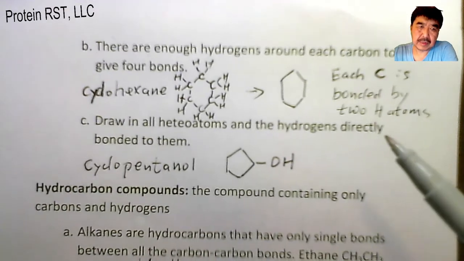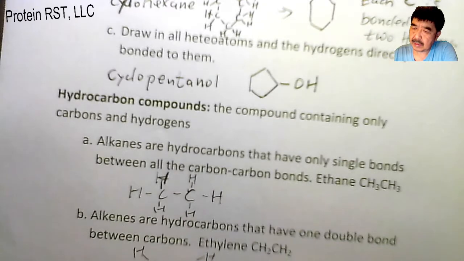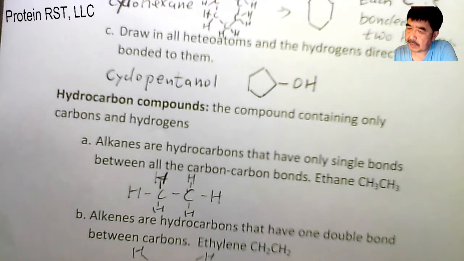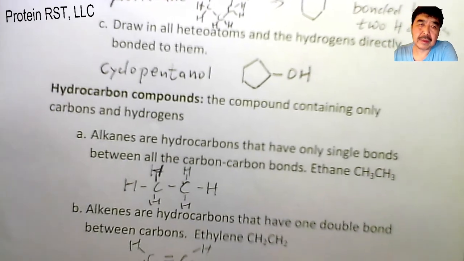Next, let's take a look at the hydrocarbon compounds. We have several types of hydrocarbon compounds. A hydrocarbon compound is a compound that contains only carbon and hydrogen.